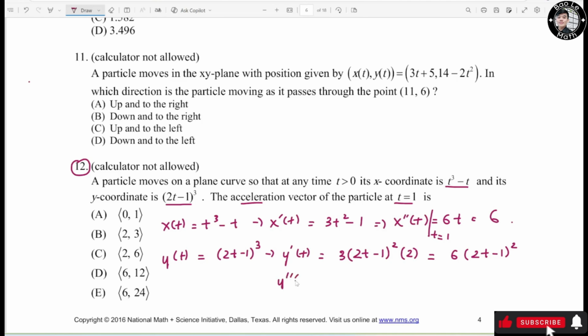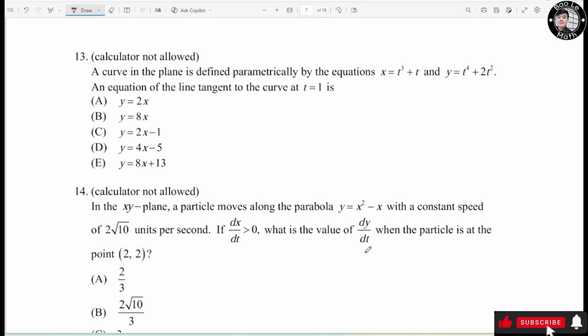Then y double prime of t is 12 times 2t minus 1 times 2, so it could be 24. Now we need to evaluate this one at t equals 1. So it's going to be 24, right? So the acceleration a of t is 6, 24. So the answer must be E. Now let's move on to question 13.